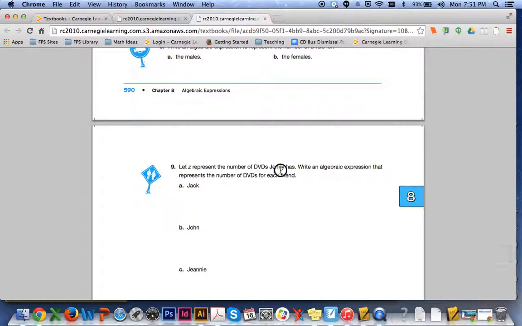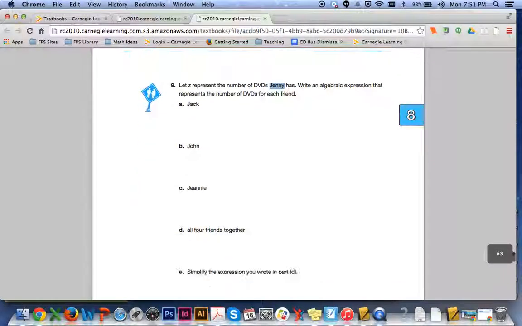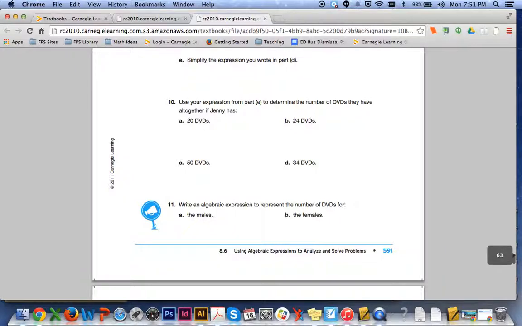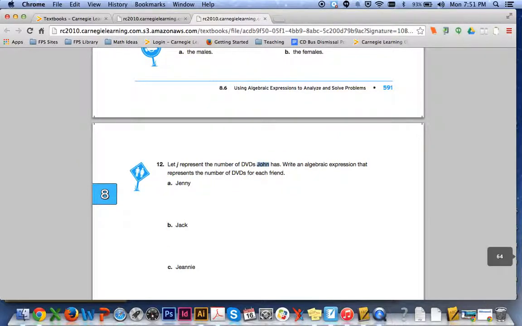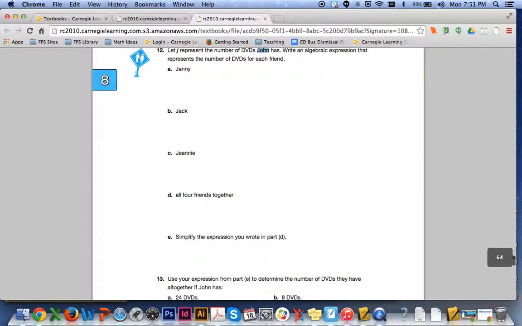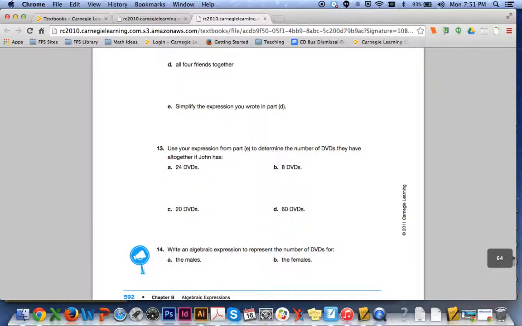Then for number 9, you have to look at things from Jenny's perspective, and you have similar problems to solve for Jenny. And then lastly, for number 12, you're going to look at things from John's perspective. Okay, we got things from John's perspective, and see if you can complete those algebraic expressions.